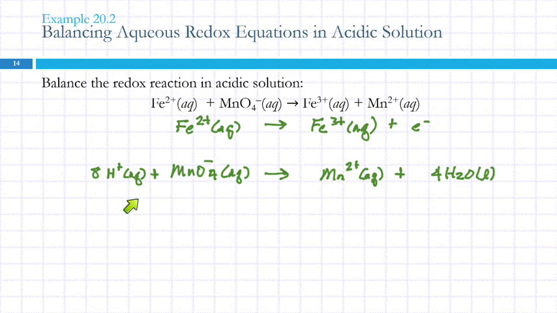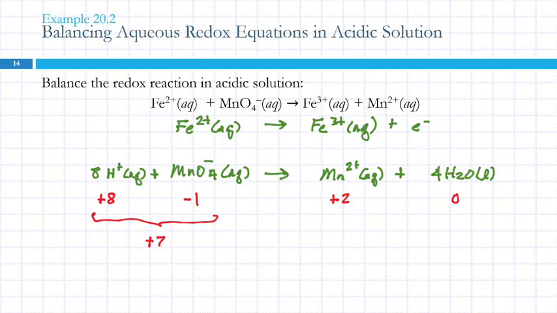Now, down here, this is a little more complicated. And so you might want to actually write it down. So I have 8 hydrogen ions, that's plus 8 charge. And I have a permanganate ion, and that's minus 1. So altogether, I have plus 7. Over here, I have plus 2 and 0.